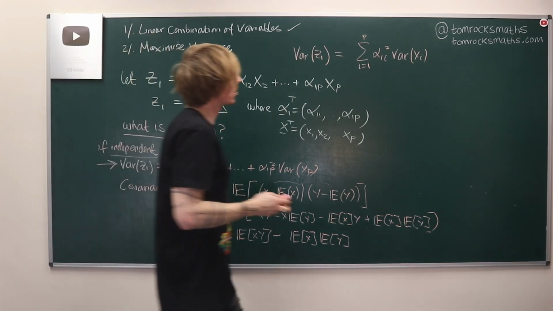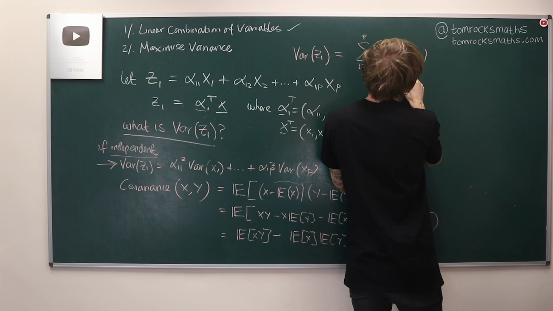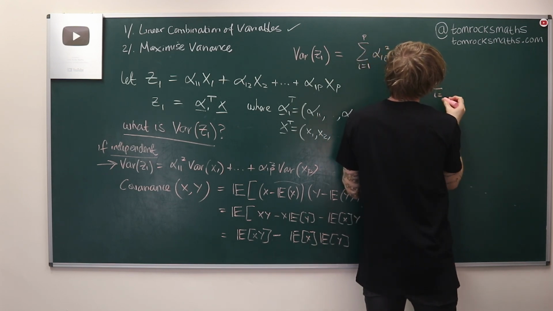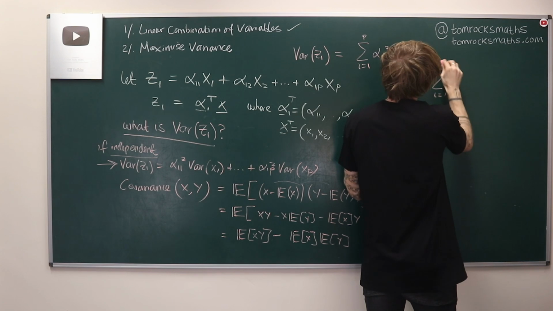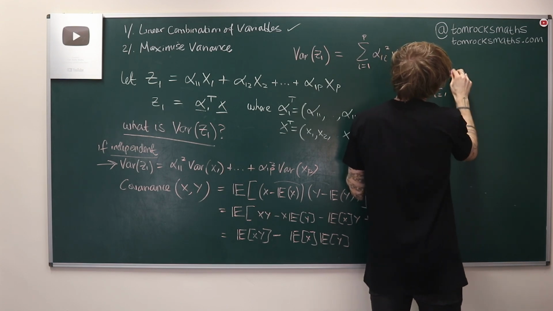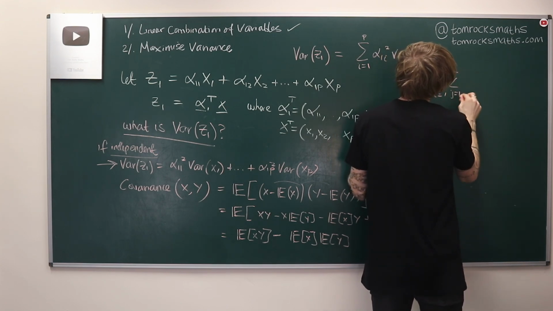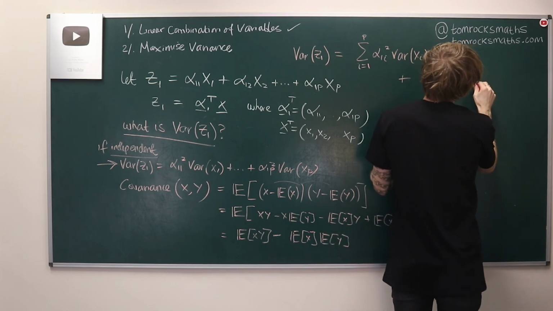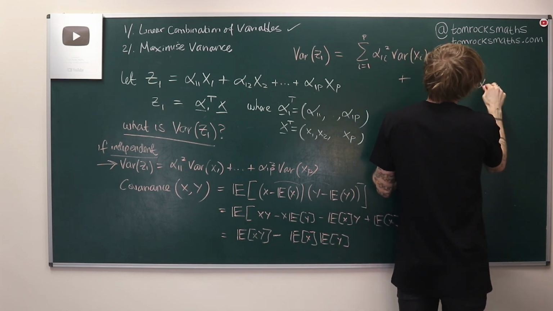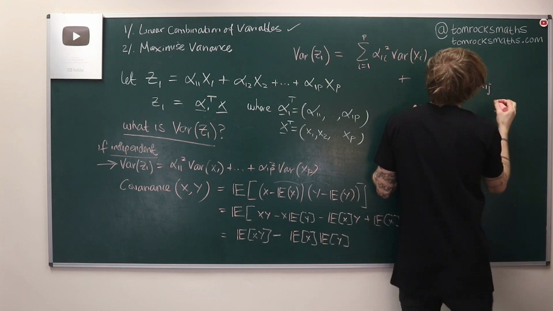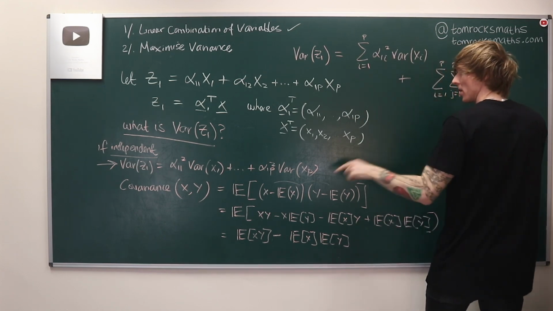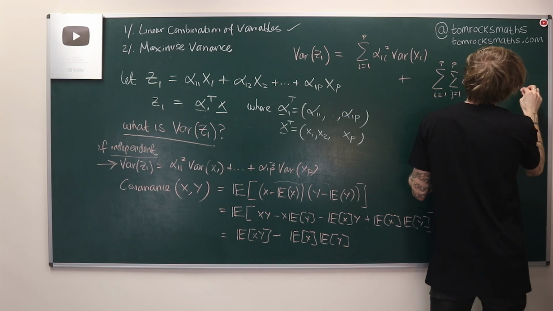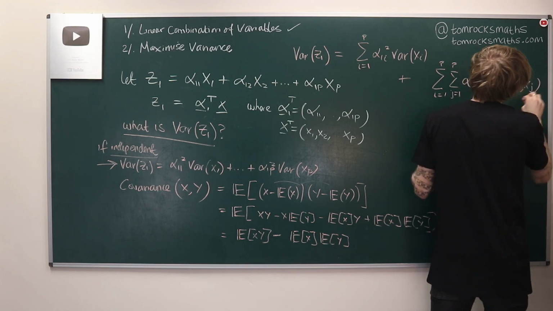So when we bring in the covariance, we're actually now going to get the sum from i equals 1 to p, and the sum from j equals 1 to p of alpha 1i times alpha 1j times the covariance cov of xi comma xj.